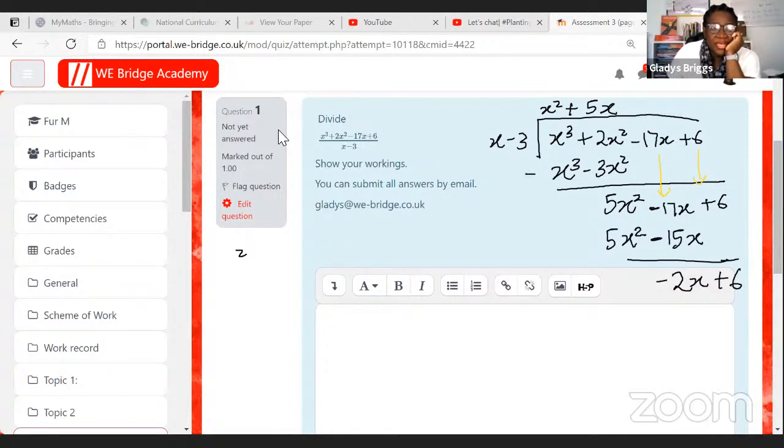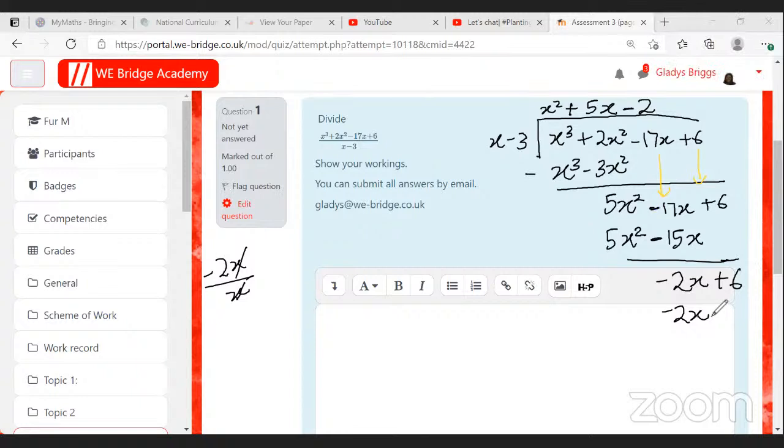Now negative 2x divided by x is going to be negative 2. Negative 2 times x is negative 2x. Negative 2 times negative 3 is, oh, six.